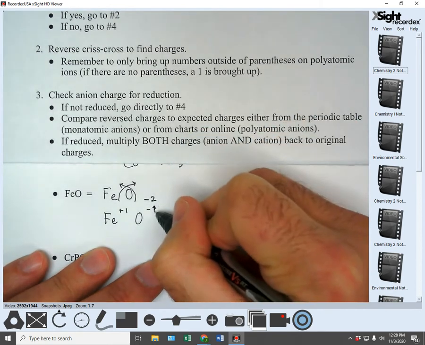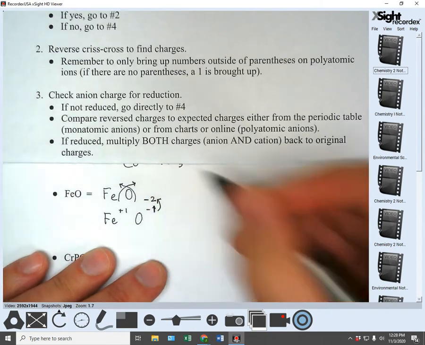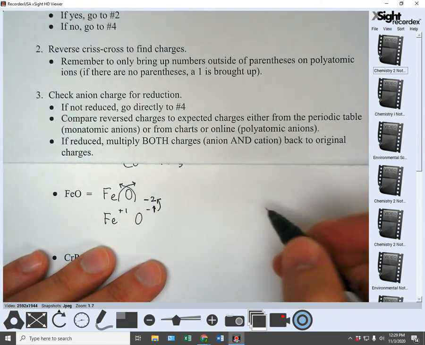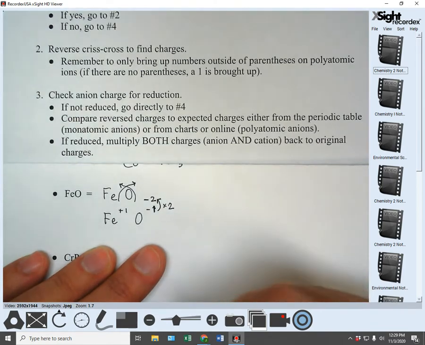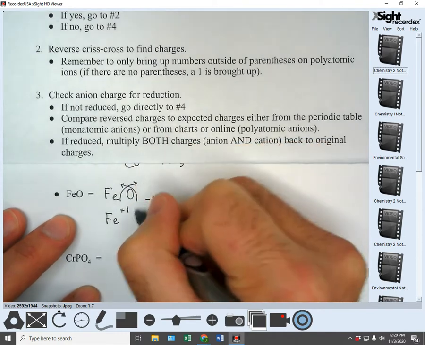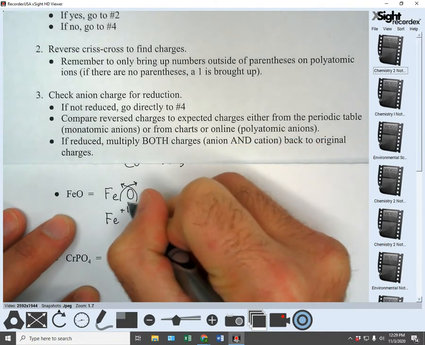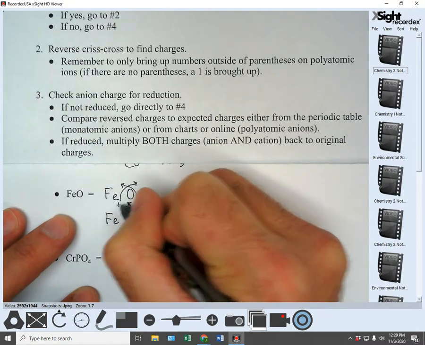So you ask yourself, what do I multiply by to go from a negative 1 to a negative 2? What number do I multiply by? Well, I multiply by 2. So if I multiply this by 2, that means I have to multiply this by 2. Positive 1 times 2 gives me positive 2.